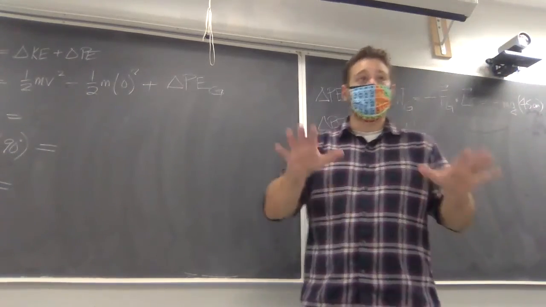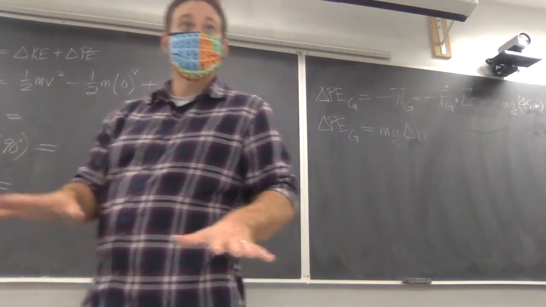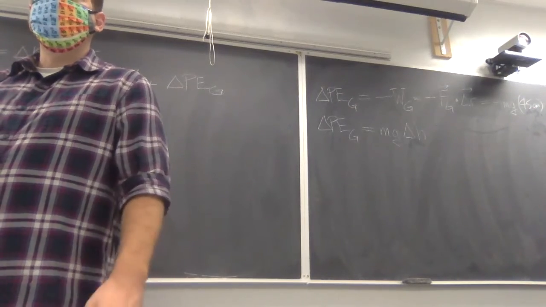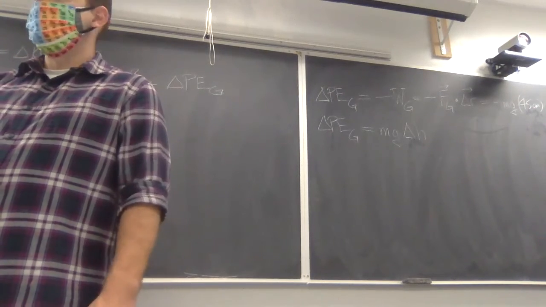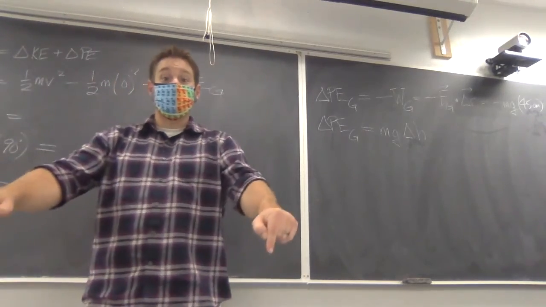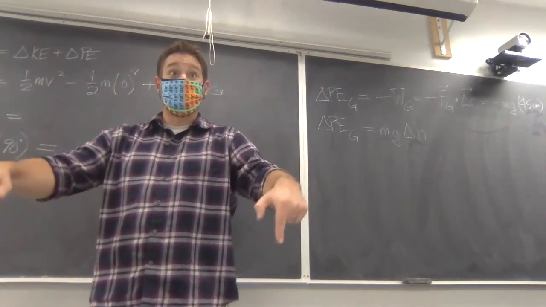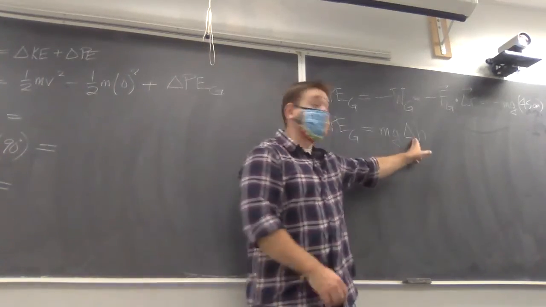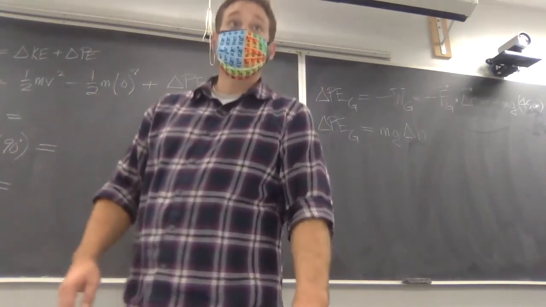If we are, then delta H is negative, because we moved down. No matter how you labeled your coordinate system, if we're moving closer in the direction gravity wants us to, then delta PE is negative because delta H is negative. Okay. Yep.